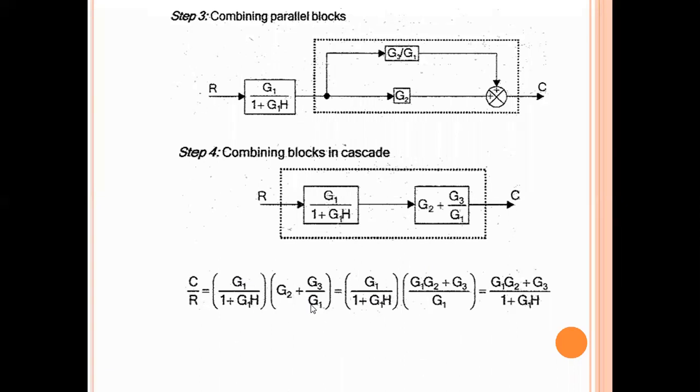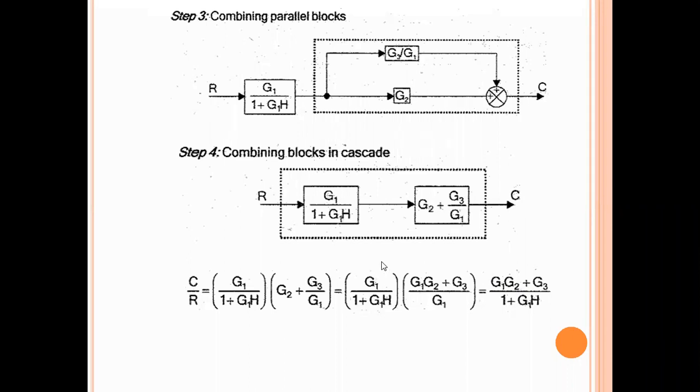Simply here the LCM is taken, so we get G1 times G2 plus G3 by G1, and multiply both of them, and here G1 and G1 will get cancelled. So in the numerator we will have G1 G2 plus G3, and in the denominator we will have 1 plus G1H. So this is the entire transfer function of the given block diagram.